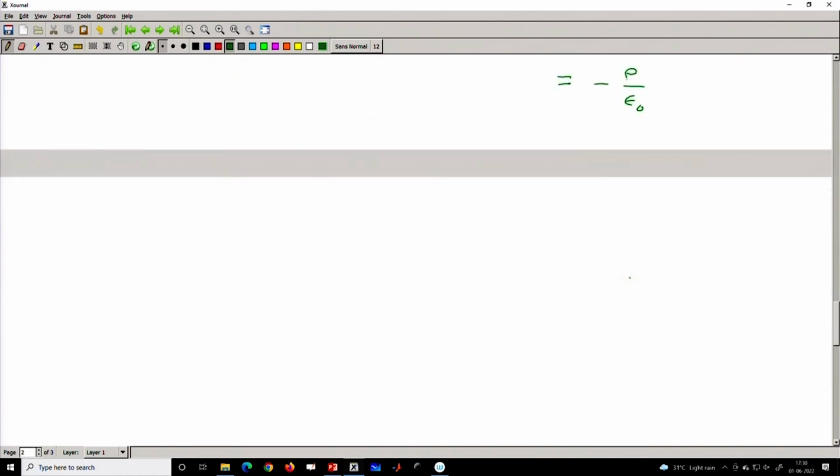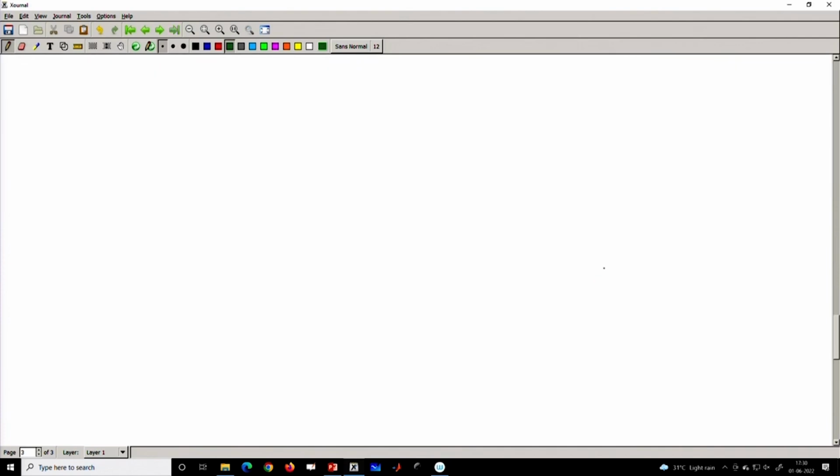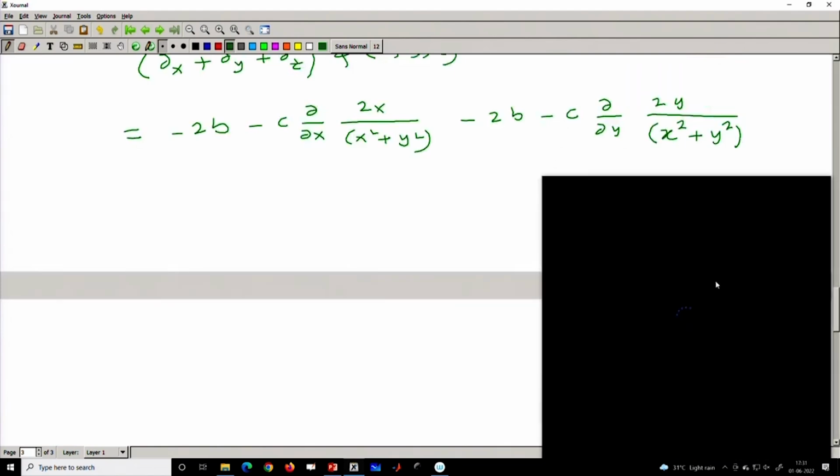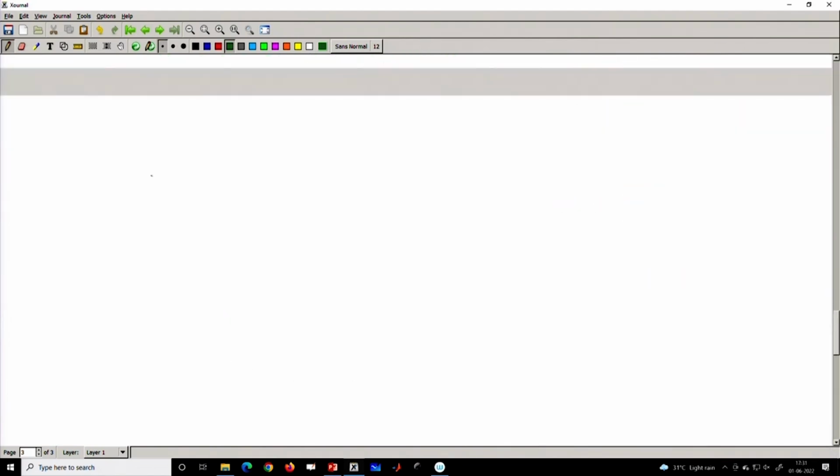Now, from here I can calculate rho, because if I execute the left hand side, it will be something like this. So let me complete that. We have minus 4b, and then if I take c common, we have something like 4 times x square plus y square minus 4 times x square plus y square.